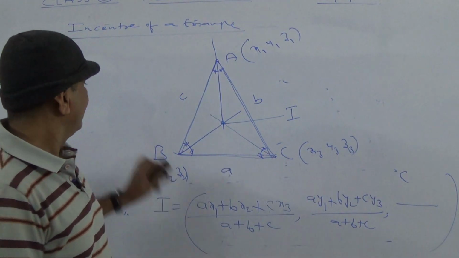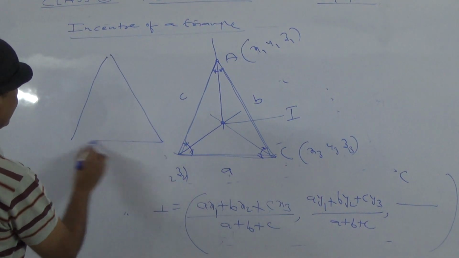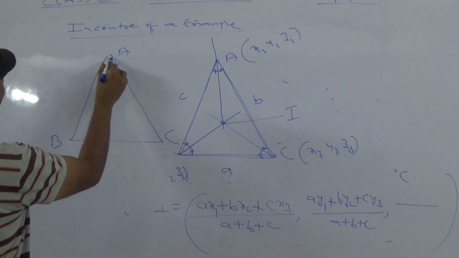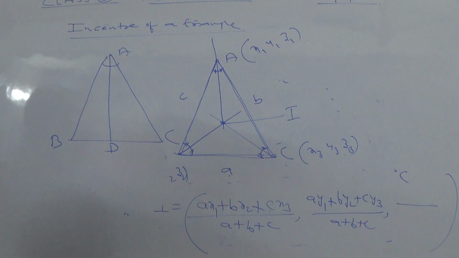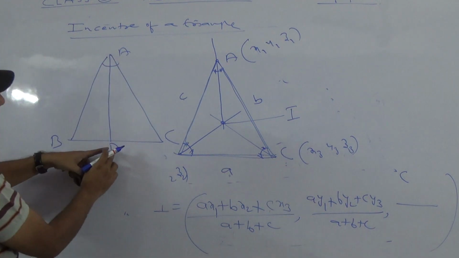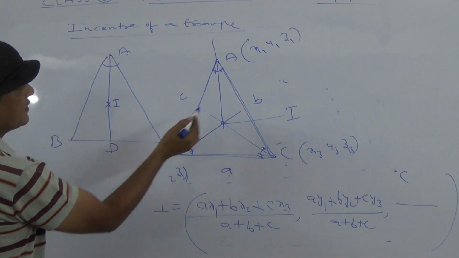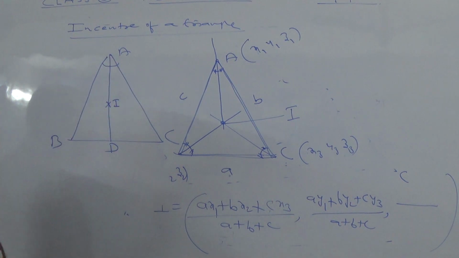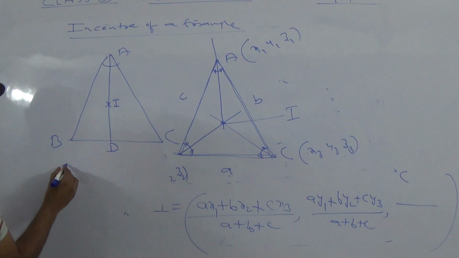Suppose triangle ABC is a triangle, internal angle bisector of angle A meets the side BC at D. Here I is called incenter of a triangle ABC. Now D divides the side BC in what ratio?